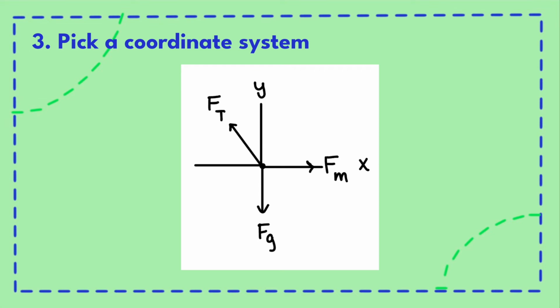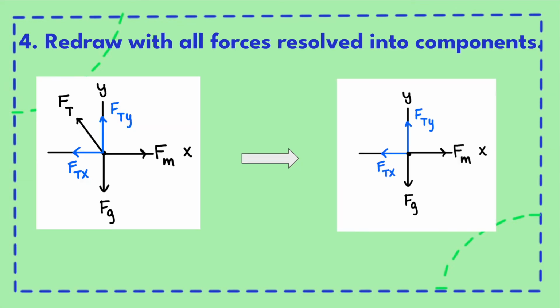Step 3 is to pick a coordinate system, and we are going to have our positive x-axis in the direction of the force of the magnet, which makes sense because that's the direction in which the iron bolt is displaced. Our last step is to redraw the free body diagram with all of the forces resolved into components.